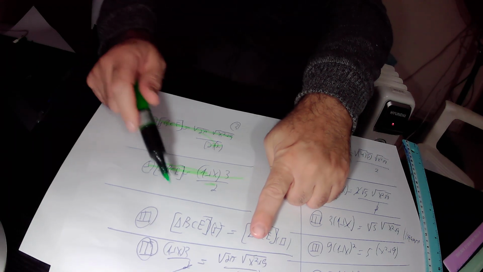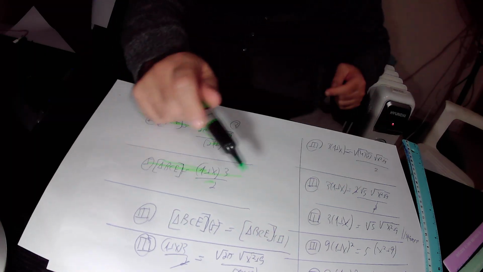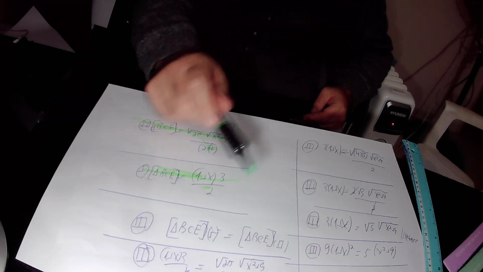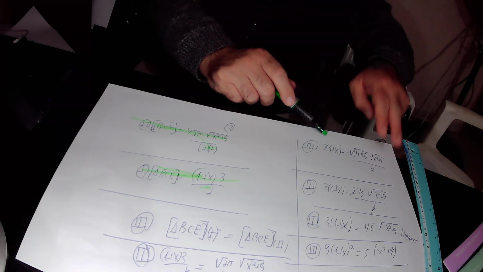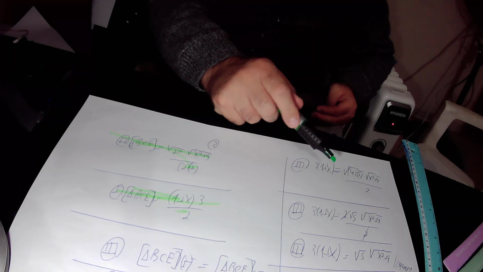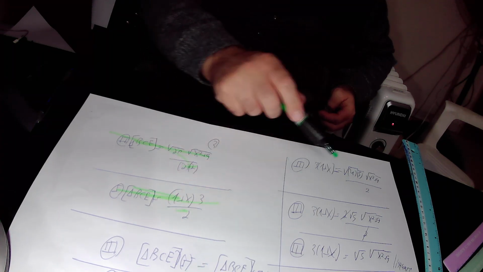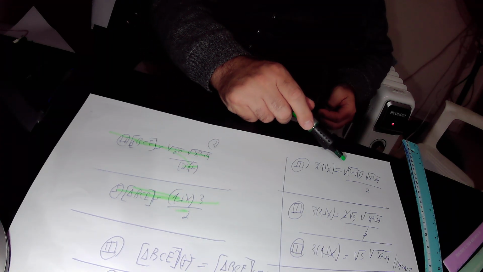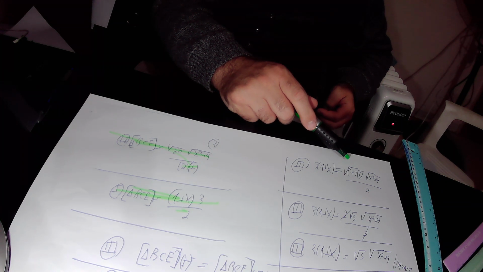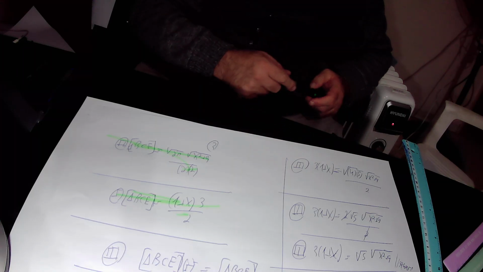We have 2 on both sides of this equation, so the 2 cancels. On the left we are left with 3 times 1 plus x, while on the other side we substitute 20 by 4 times 5, so it is the square root of 4 times 5 times the square root of x squared plus 9 over 2.